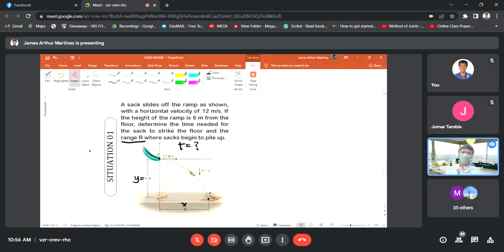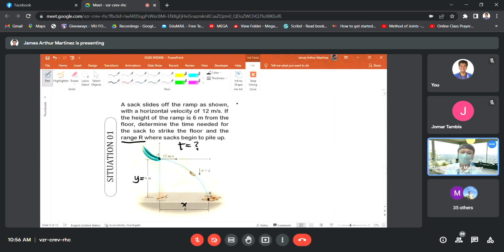There is no other data given. So how do we solve for t? First, the velocity at A is given. In our analysis from point A to point B, VA, or your velocity at point A, will serve as your initial velocity, then your velocity at point B will serve as your final velocity, which in this case is not given.